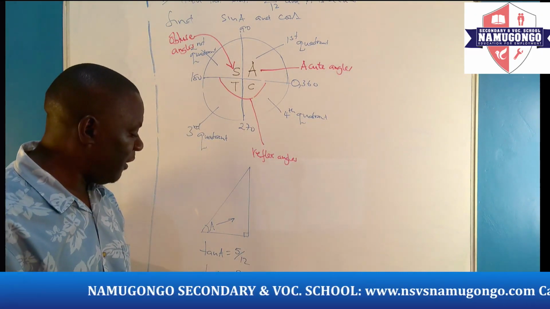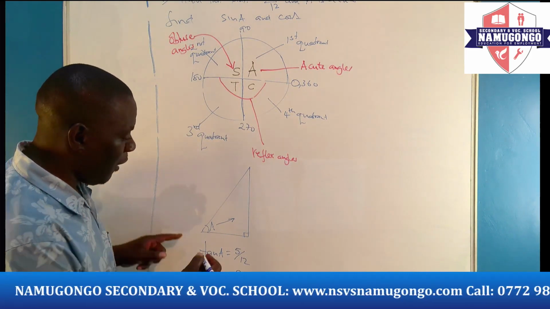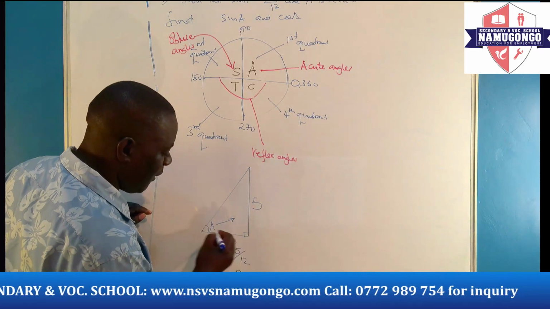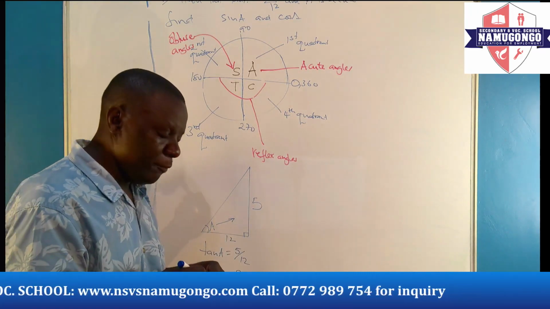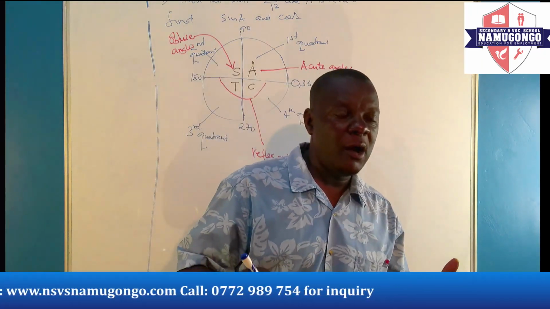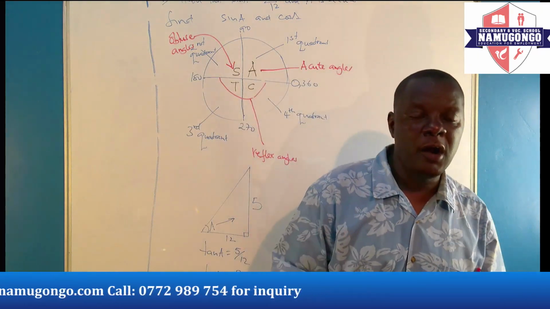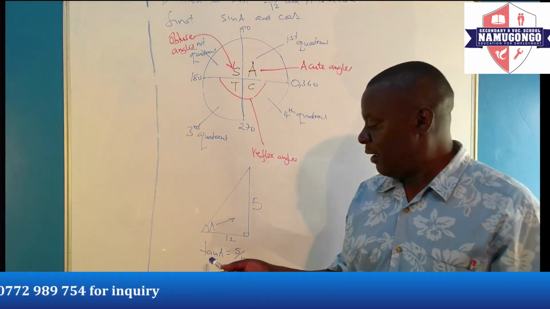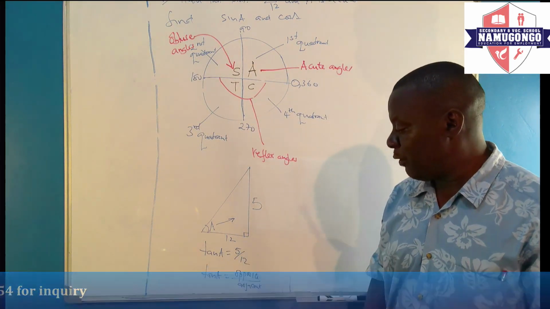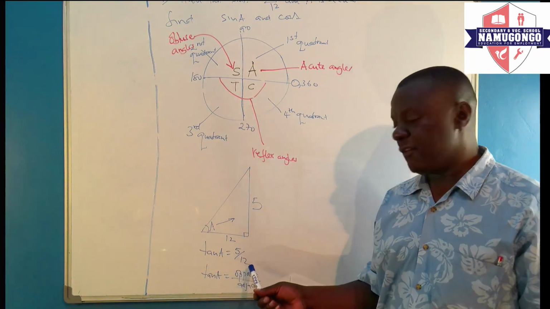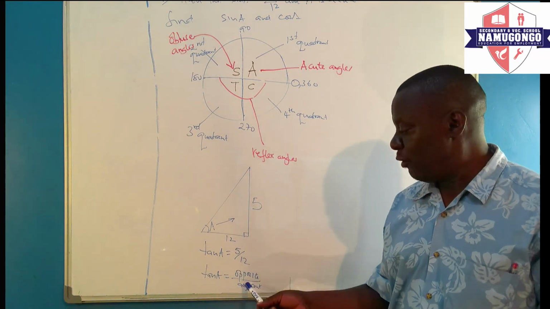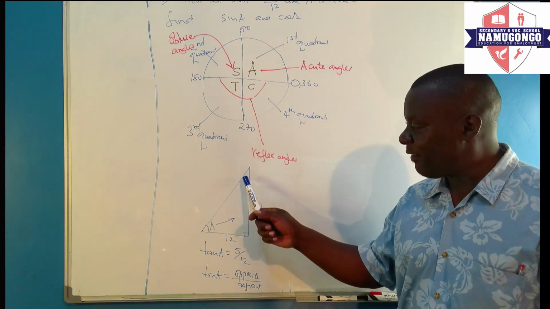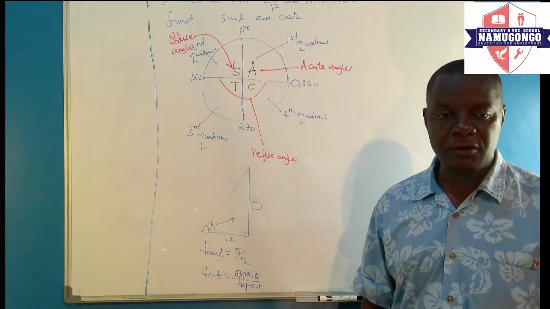The denominator is our adjacent. So our opposite is 5, our adjacent is 12. You see? We are basing our concepts on SOH CAH TOA. If the ratio given is 5 out of 12, the numerator is the opposite, then the denominator is the adjacent. Now, our task is to look for the hypotenuse.